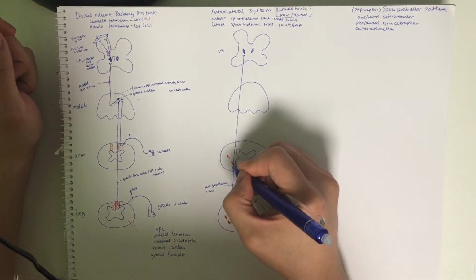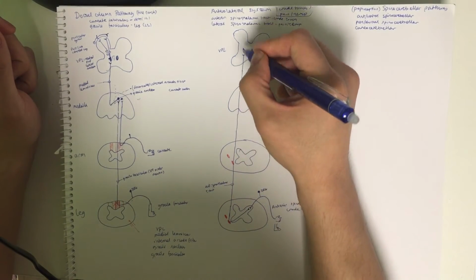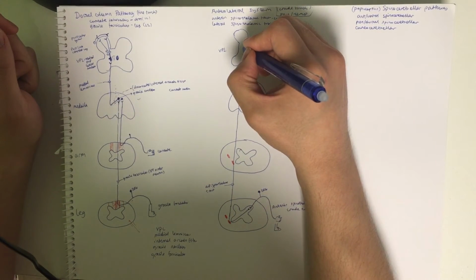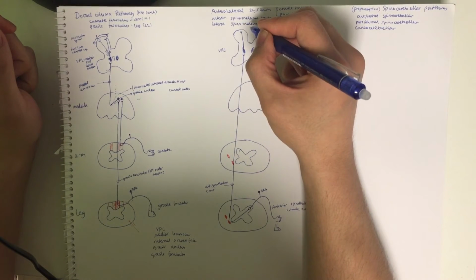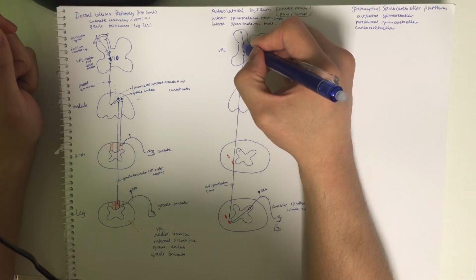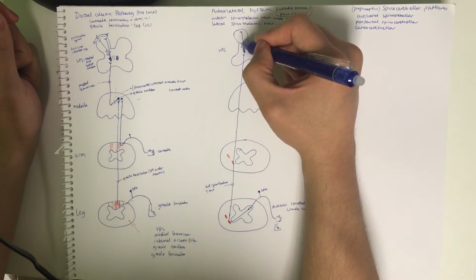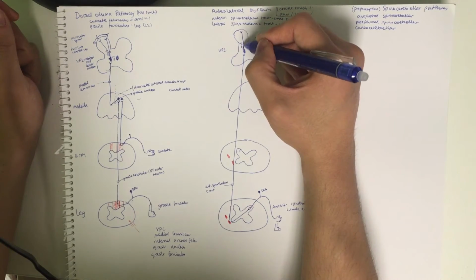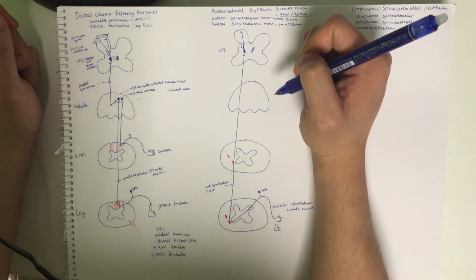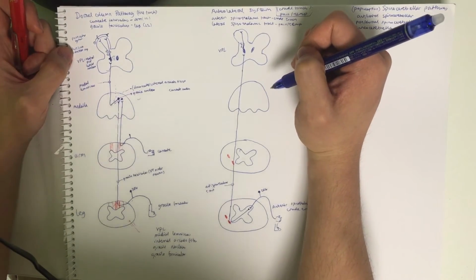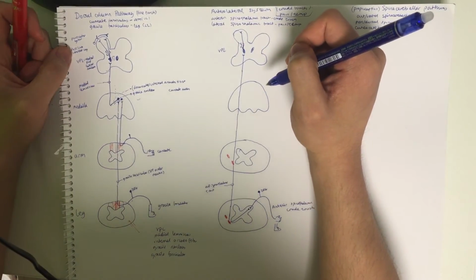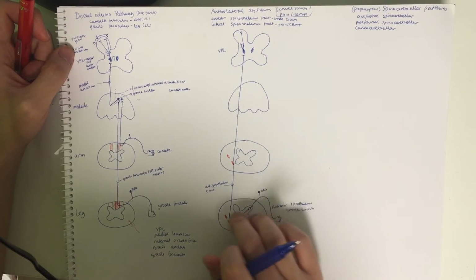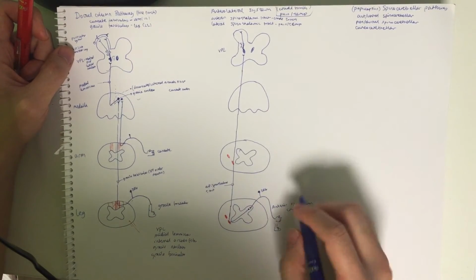The anterior spinothalamic tract keeps ascending up to the thalamus, and then it synapses at the thalamus, VPL, and goes to the postcentral gyrus through the internal capsule. So this third order neuron goes to the postcentral gyrus through the posterior limb of the internal capsule. So this was the anterior spinothalamic tract for crude touch.